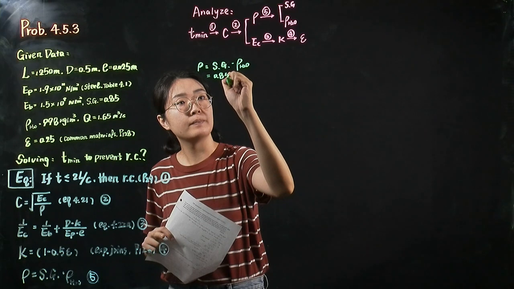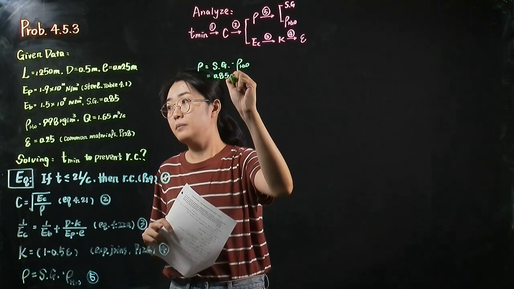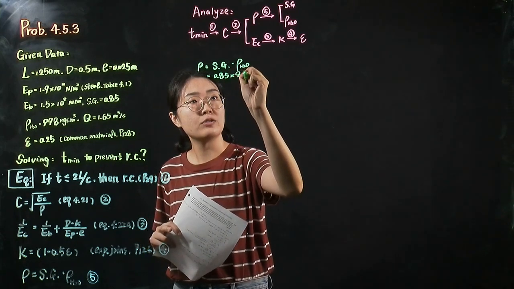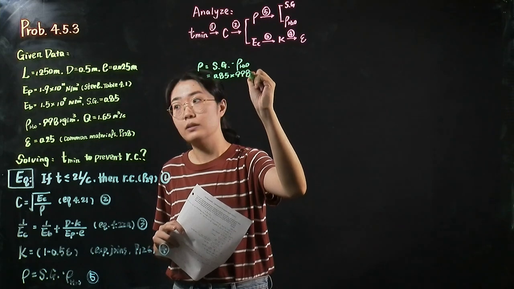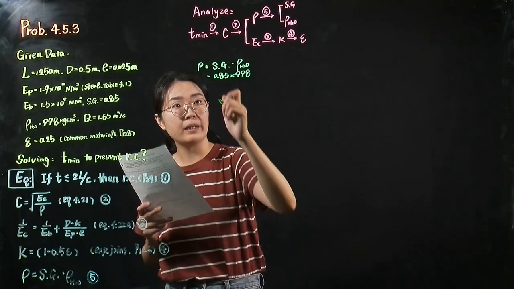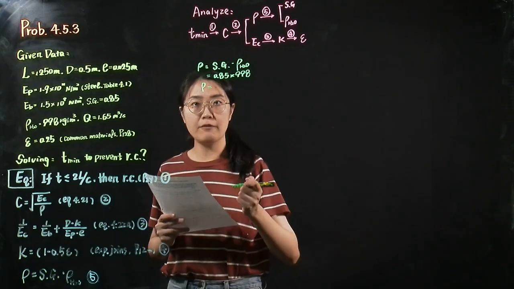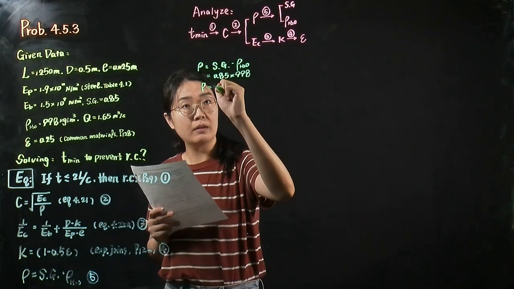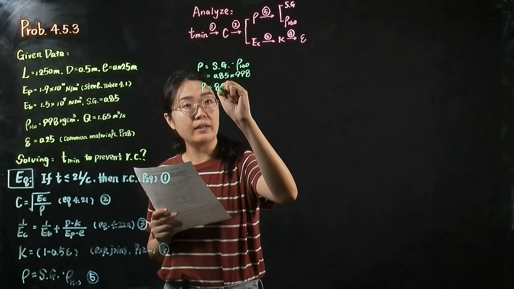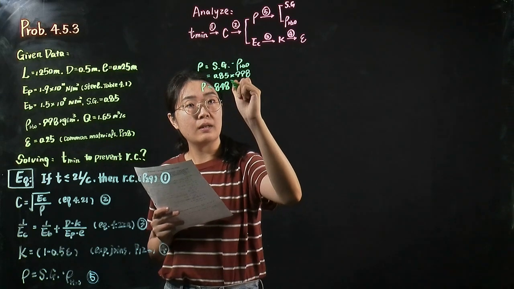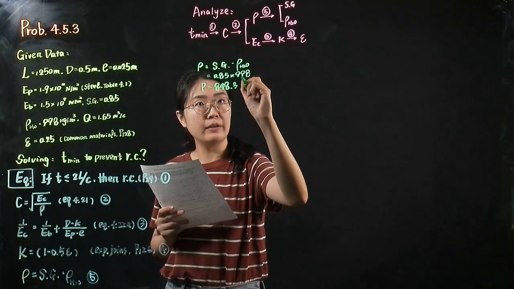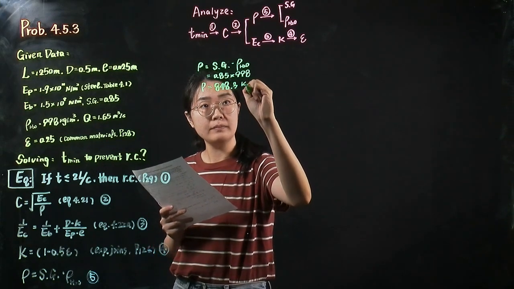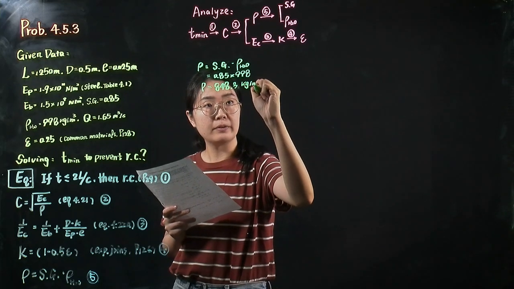It equals 0.85 times 998 kilogram per cubic meter. The density of the oil equals 848.3 kilogram per cubic meter.